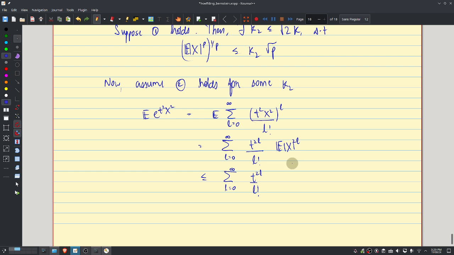L factorial times K2 times square root of L whole to the power n. Both these have to be true.